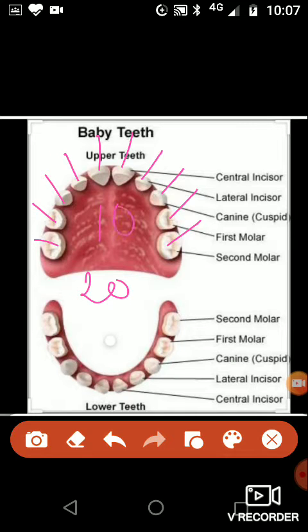That means 10 in the upper jaw and 10 in the lower jaw. So a baby who has milk teeth has 20 teeth, fewer teeth, because at that age a few molars and premolars are missing. So this is about the milk teeth, baby teeth or temporary teeth.